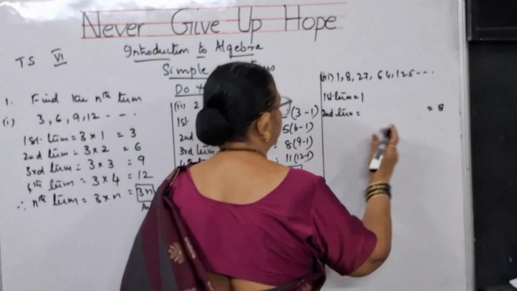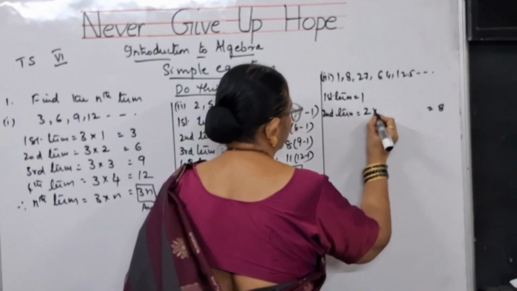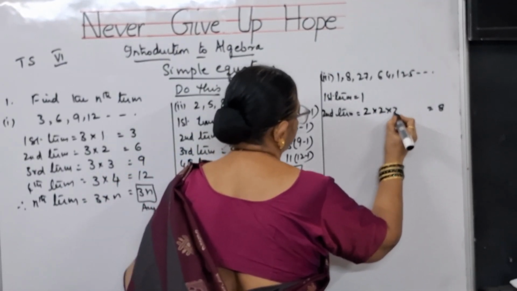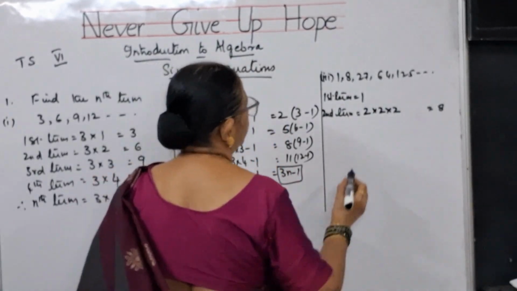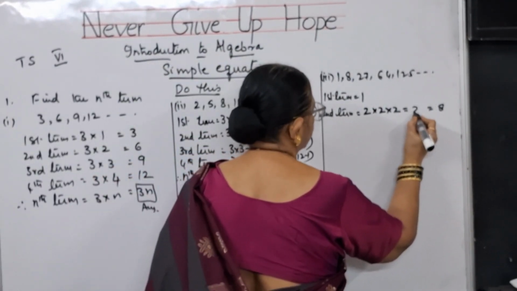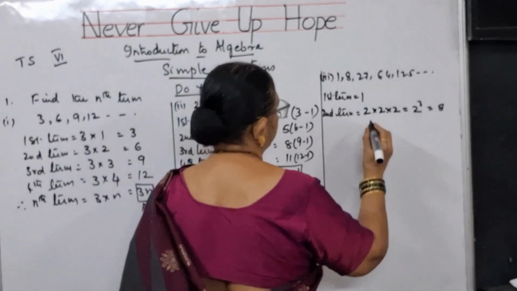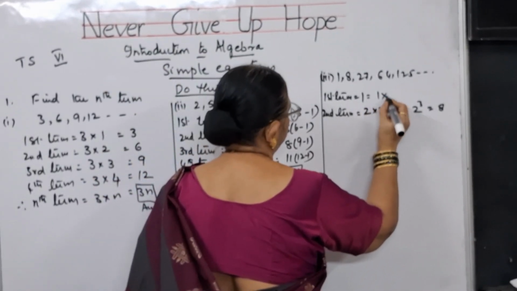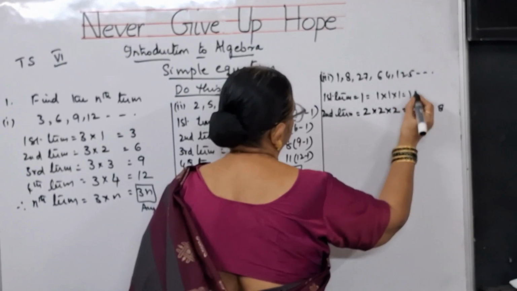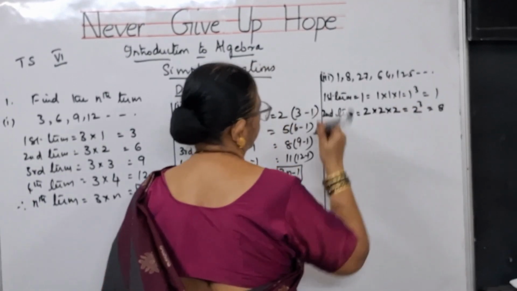How will you get 8? If you take 2, 2 twos are 4, 4 twos are 8. 2 multiplied 3 times, that is 2 cube, gives 8. That means 1 multiplied 3 times, 1 cube, is 1, the first one.